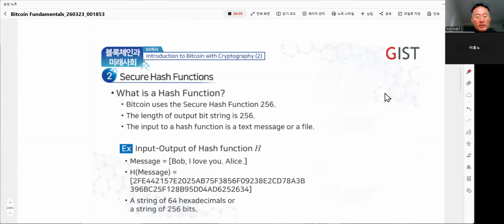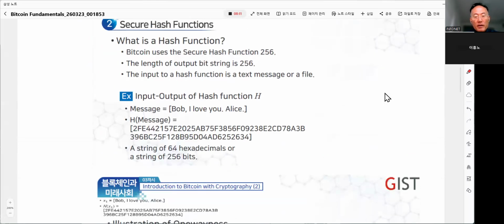All right. So here is the hash function in a little bit greater detail. So I have a message, Bob, I love you, comma, Alice, and the hash function. So h here is a hash function. Put this message as an input, then you get this 64 hexadecimal output.